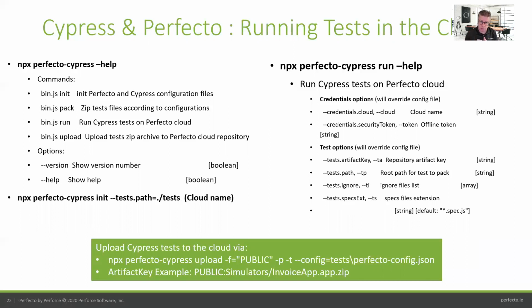Okay, you have 2 ways of running in the cloud: either run as a full suite of something that is already stored in the cloud as a repository, or you can run it with the specification of the test specs, either 1 or 2 or 3, as many as you like.